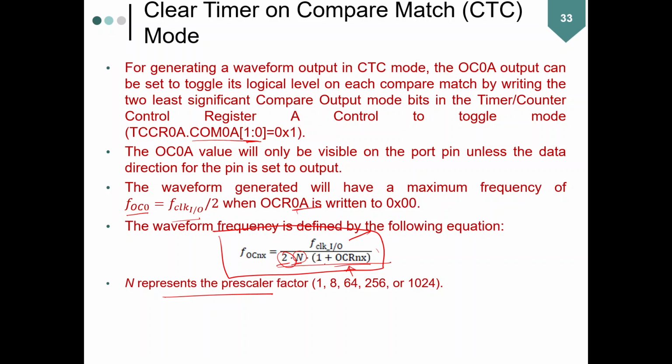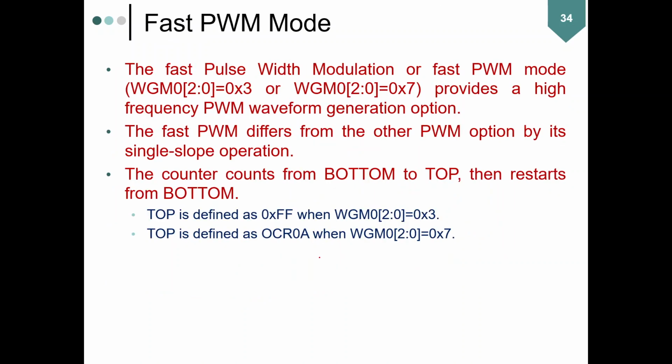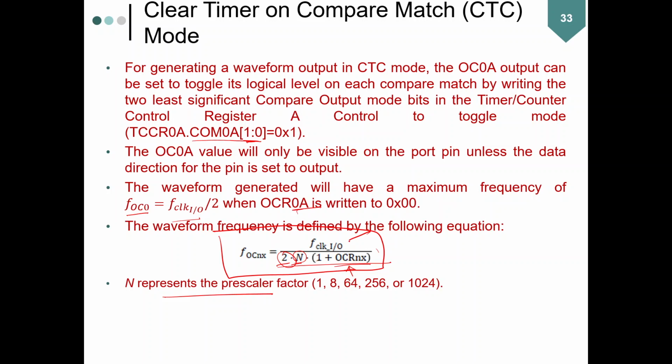So this is the maximum waveform frequency that you are going to get from the CTC mode. I would encourage you to put some values over here. Suppose n is equal to 1, and suppose your input clock is 1 megahertz.